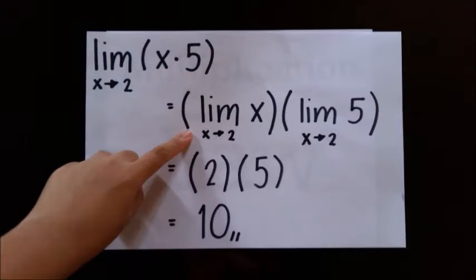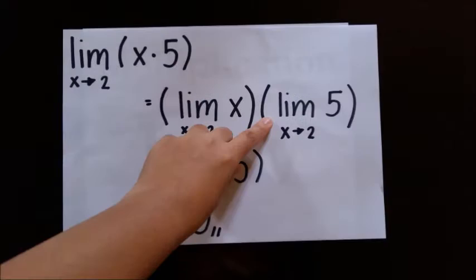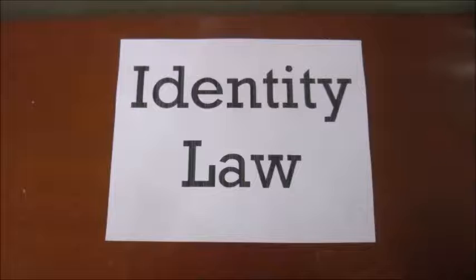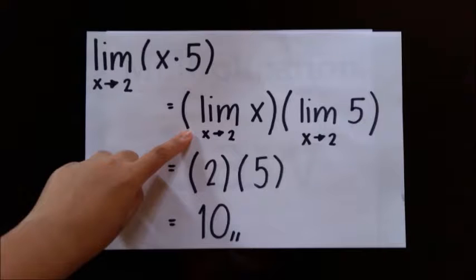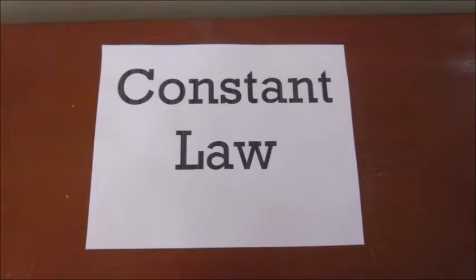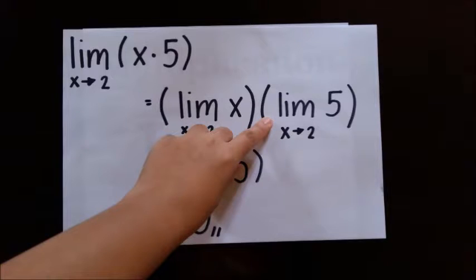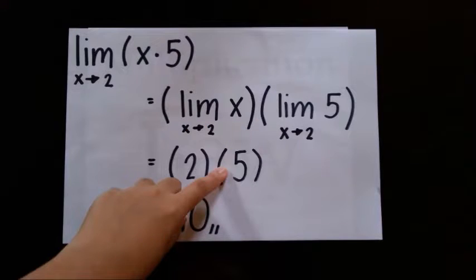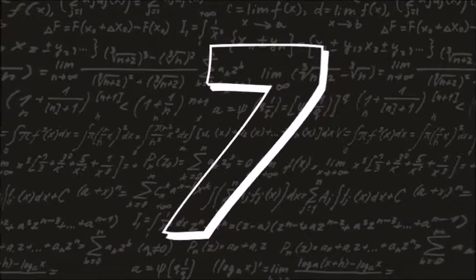So it would be the limit of x as x approaches 2 multiplied by the limit of 5 as x approaches 2. Then, we're going to apply the identity law for the first term, so it would be 2. Then the constant law for the second term, so it would be 5. 2 multiplied by 5 is equal to 10.